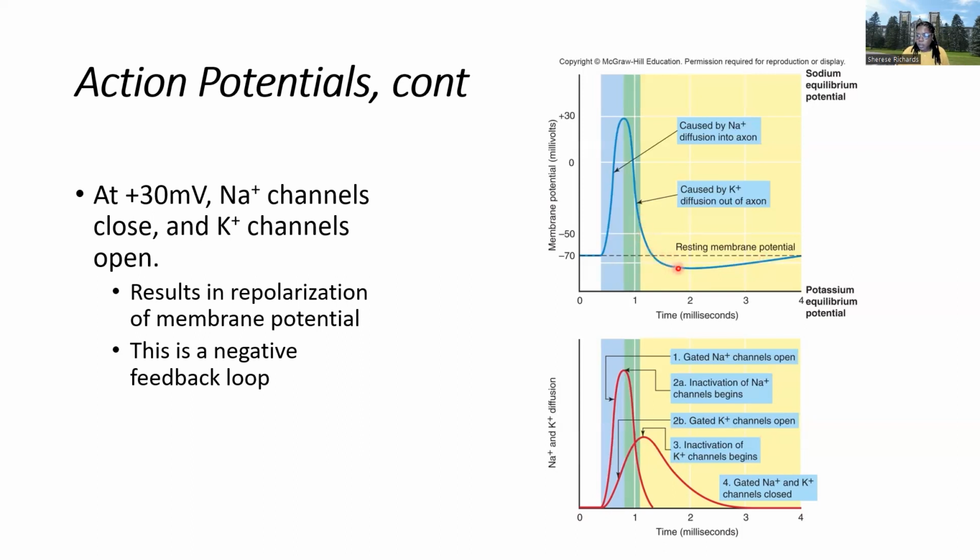We actually go a little bit lower, to about negative 80 or so. Then the potassium channels are inactivated, and we stop the movement of potassium. And then the leak channels on the membrane and the sodium-potassium pump can start bringing us back gradually to our resting value.